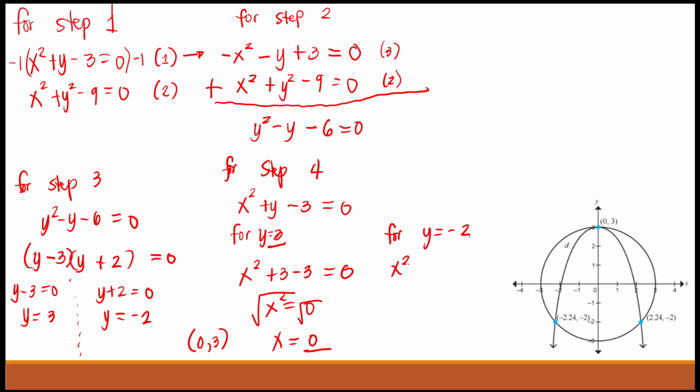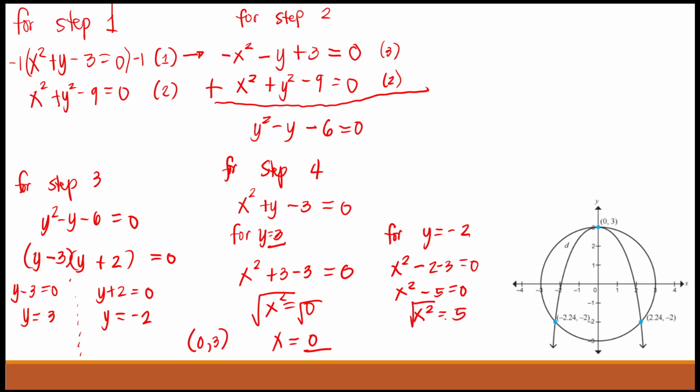So x squared minus 2 minus 3 equals 0, or that gives us x squared minus 5 equals 0. Transpose negative 5, we get x squared equals positive 5.